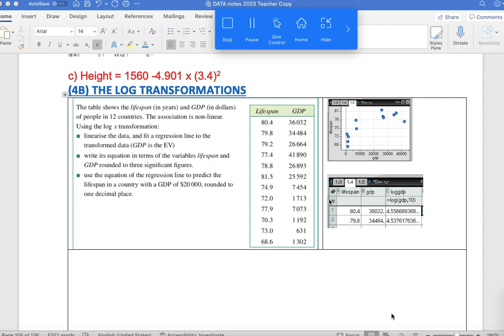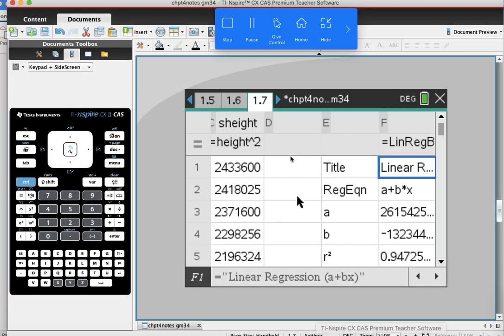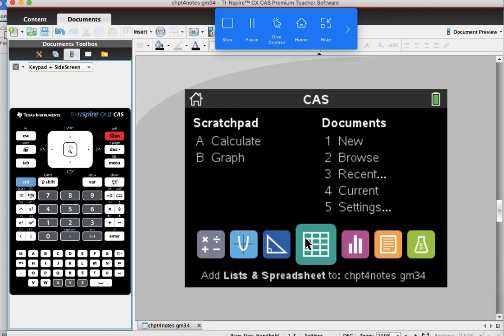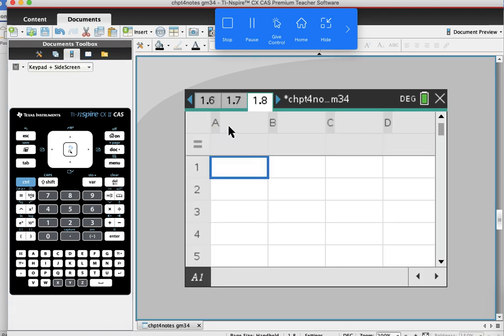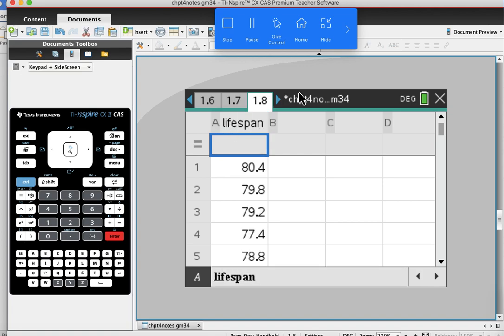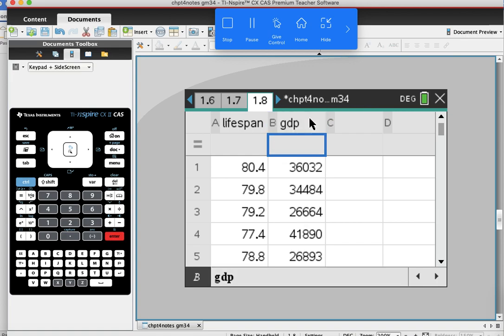So let's go have a look at this data. If I go back, we would put in our two lists. We've got lifespan, and then we had GDP. They said that the association is non-linear, and lifespan is the Y value.